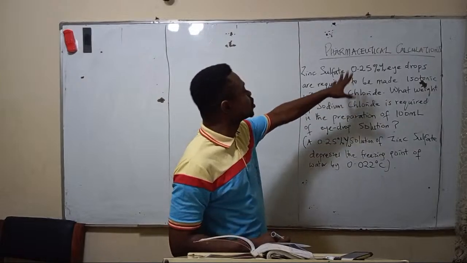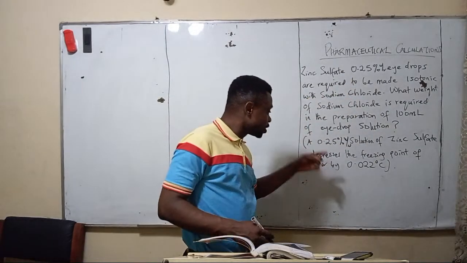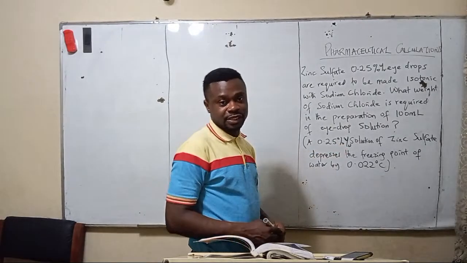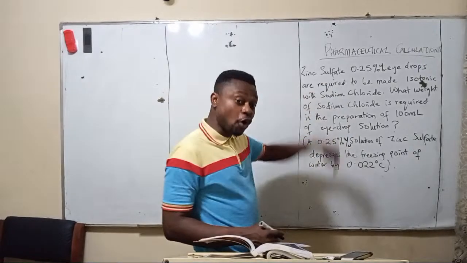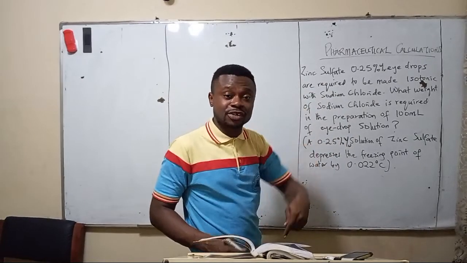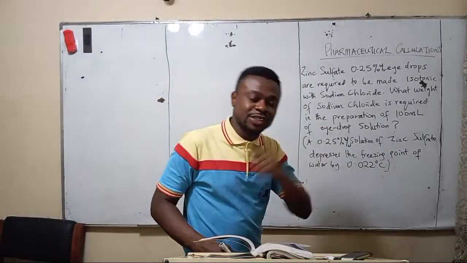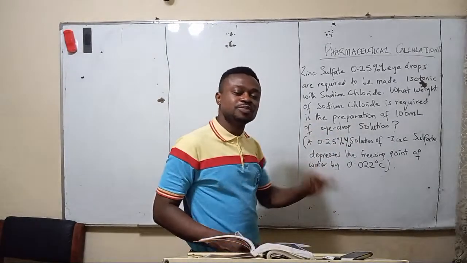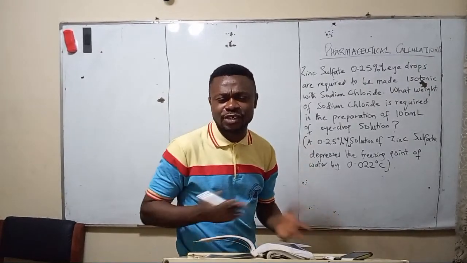But this solution on its own causes a freezing point depression of 0.022 degrees Celsius. For this solution to be isotonic, it should cause a freezing point depression of water of 0.52 degrees Celsius.